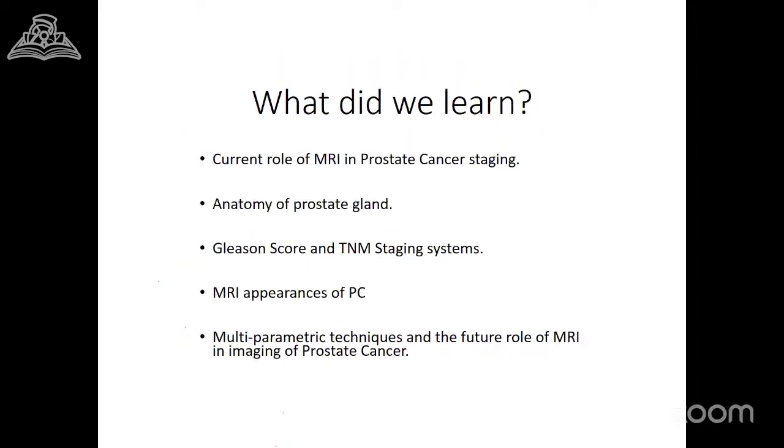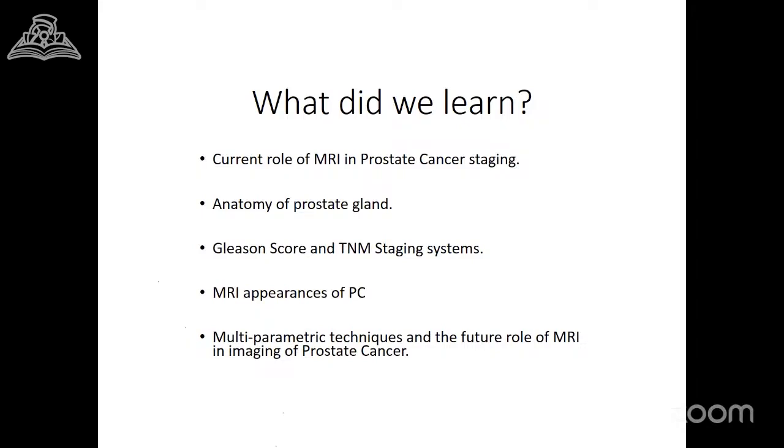We are almost there. In summary, we have reviewed the current role of MRI in prostate cancer staging, including its importance in clinical decision making. We covered the basic anatomy of the prostate gland, as well as the key Gleason score system and the TNM staging used for risk stratification.